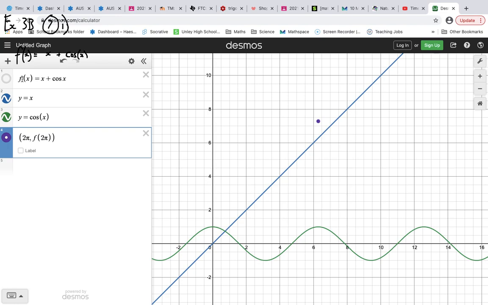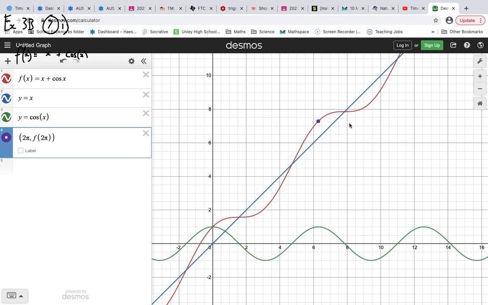So I'm looking at, here's the function f of x equals x. If I ignore the cos x, I've just got the blue line where y equals x. I put in 2 pi, I get 2 pi. I put in 2 pi to this part, I get 1. So it ends up being 1 plus 2 pi, right? Anyway, that's what the function looks like. Cos always has to lie between -1 and 1.